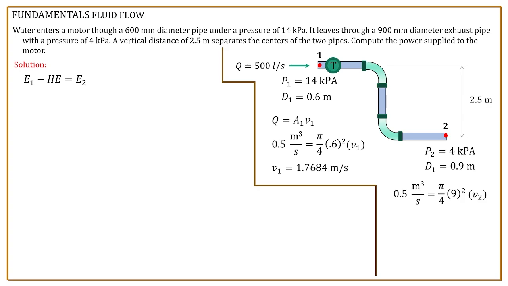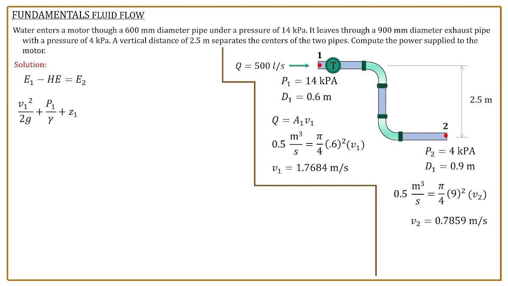I'll give you 15 seconds. Okay, time's up. Our V2 here is 0.7859 meters per second. So, what are V1 and V2 for?